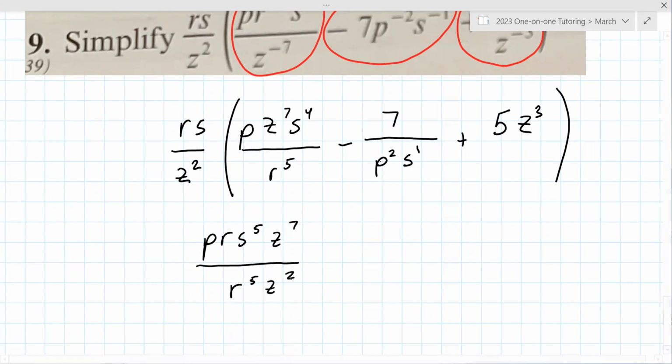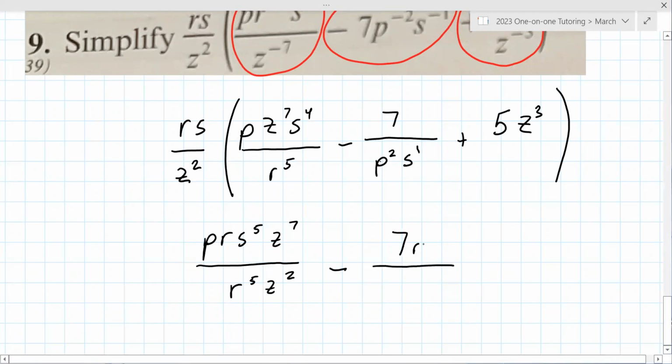Minus 7rs p squared s to the 1 z squared, plus 5rs z cubed over z squared.